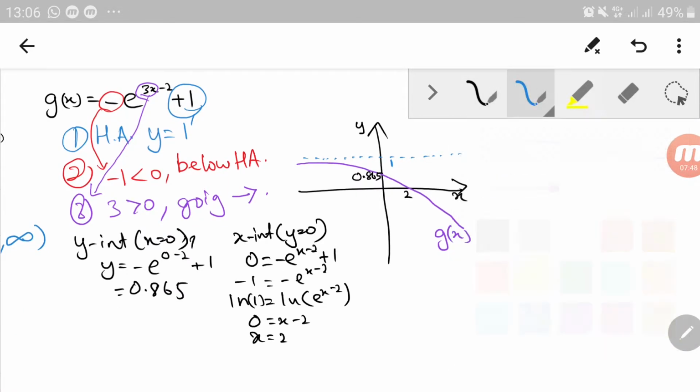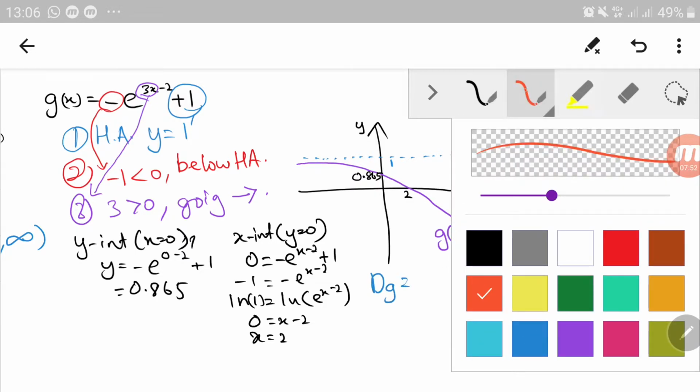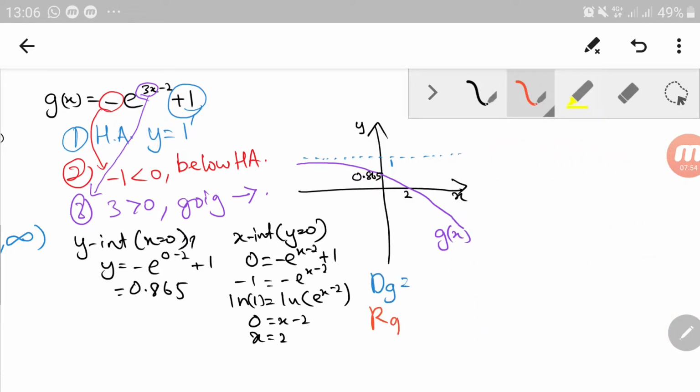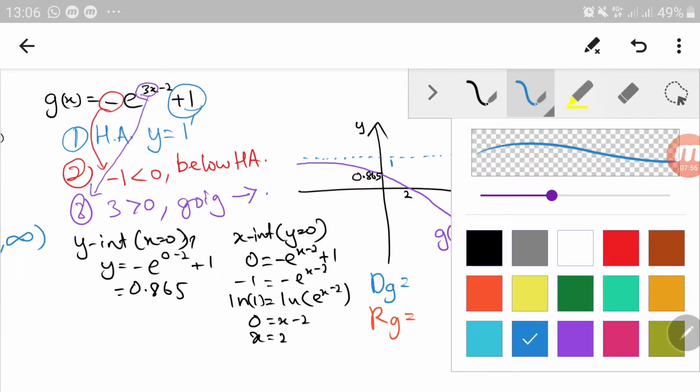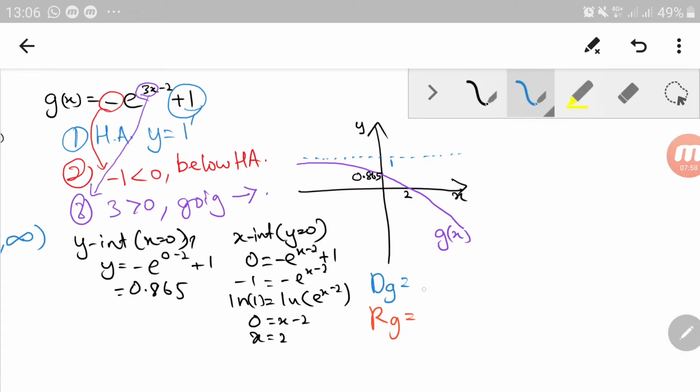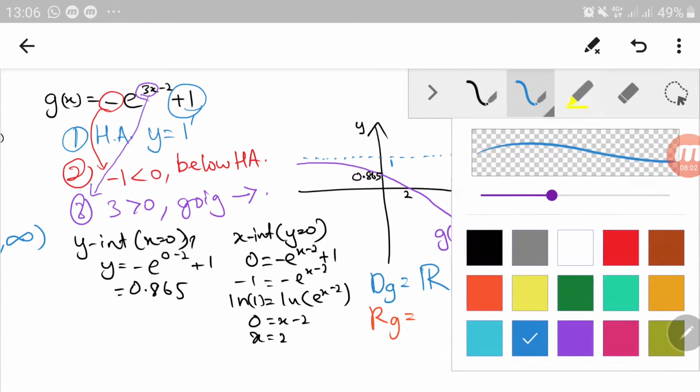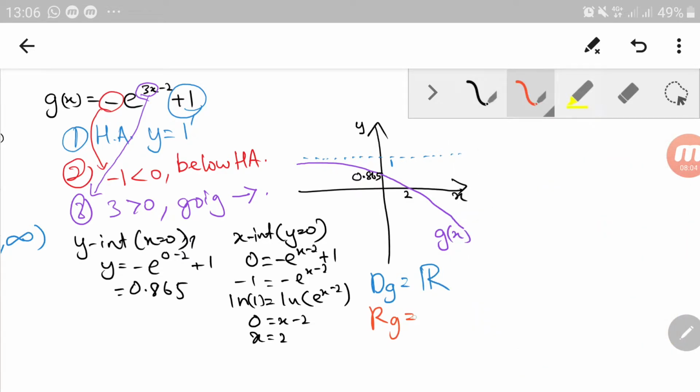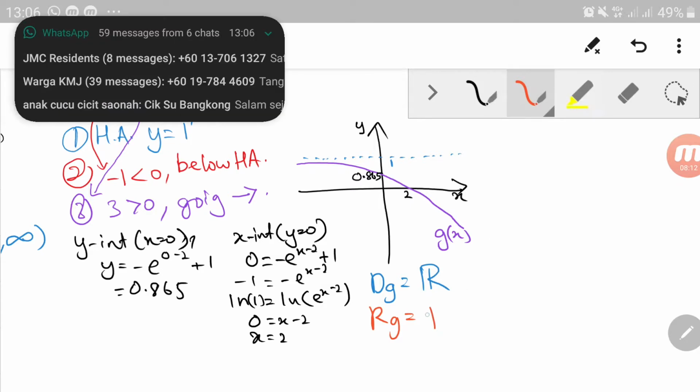Let's find out the domain of g and the range of g. Now the domain of g is the real numbers. Easy. Now the problematic one maybe is the range. As you can see, as I said, it must start from the horizontal asymptote.